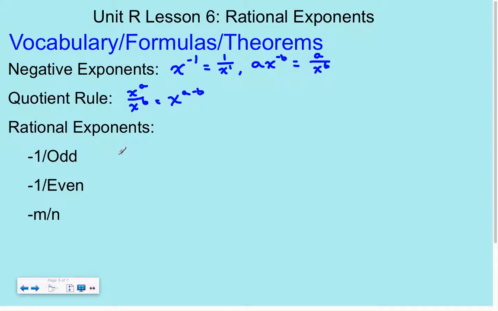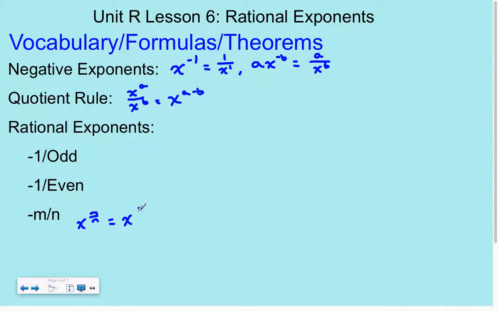All right, and then rational exponents, the big thing for today. I guess the biggest thing, I'll skip down to the last one here, and that's that if you have something like x to the m divided by n. So if you have just any kind of fraction up here, this is going to be the same thing, kind of applying the power rule backwards.